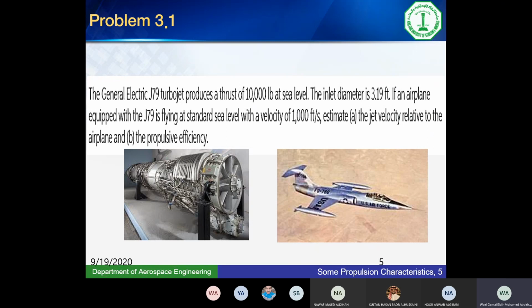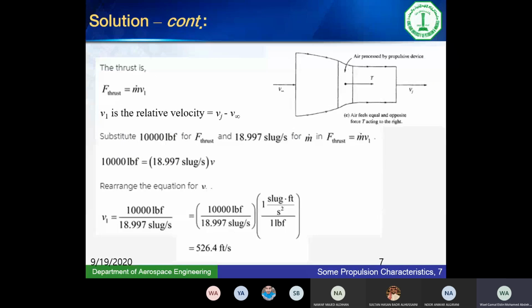Now for the turbojet engine, if you remember the summary we had in the last slide last time, we had only two equations. One of them gives me the thrust from Newton's second law. The thrust is equal to m dot multiplied by the change in velocity across the engine, v jet minus v infinity.